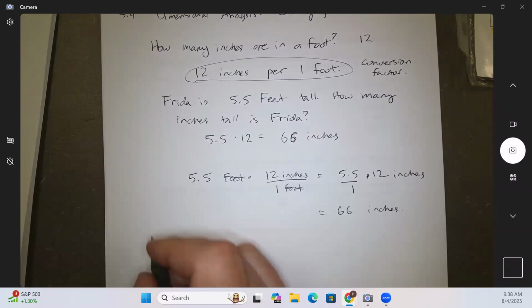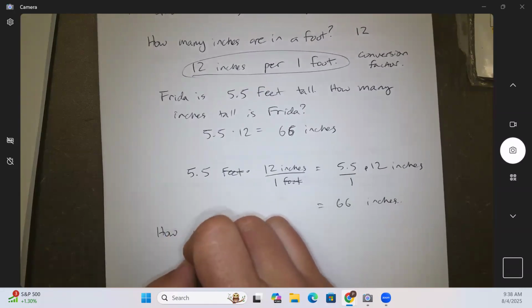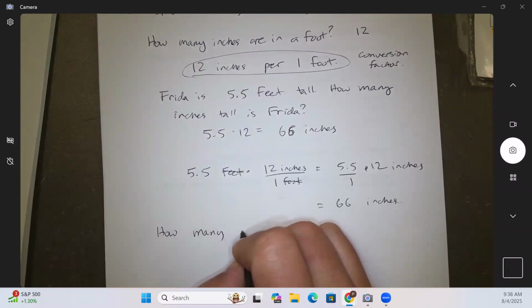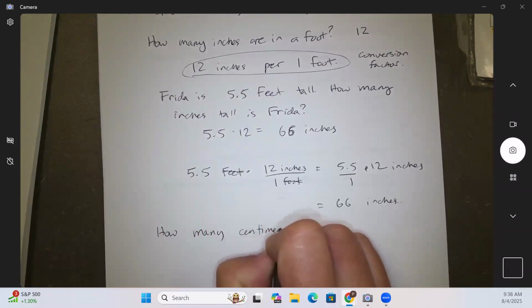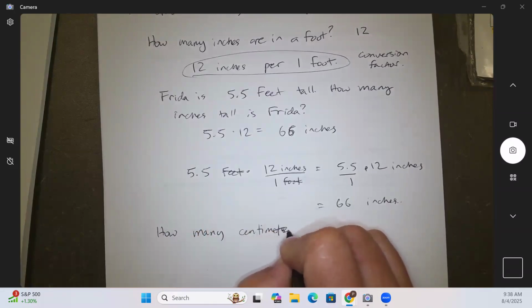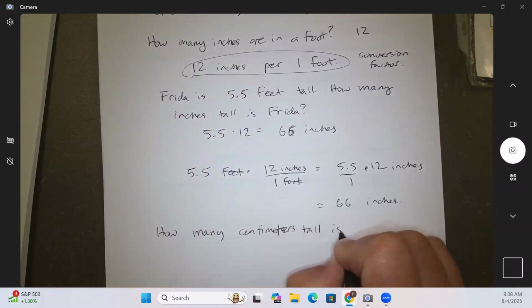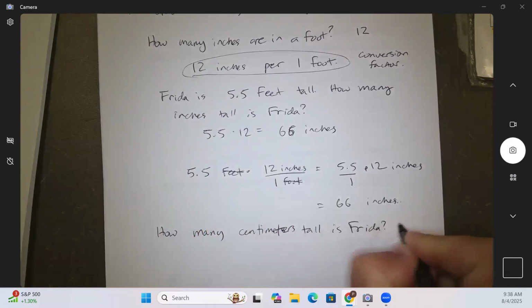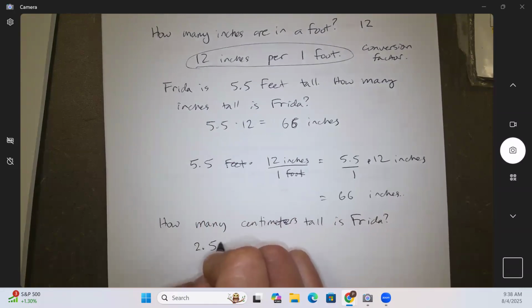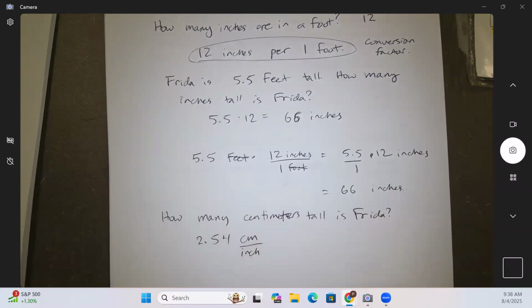So let's ask how many centimeters tall is Frida? And I can tell you the conversion factor is 2.5 centimeters per inch. It's hard to do conversions if you don't know the conversion factor. So that's part of your job when you're doing these changes.